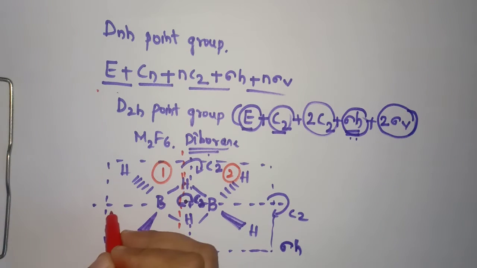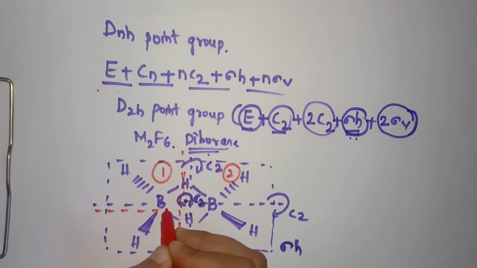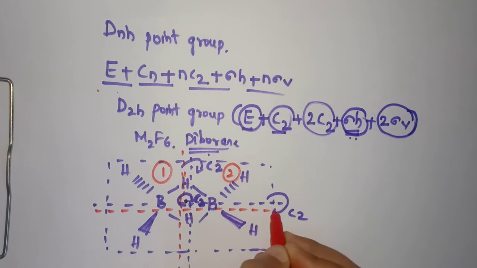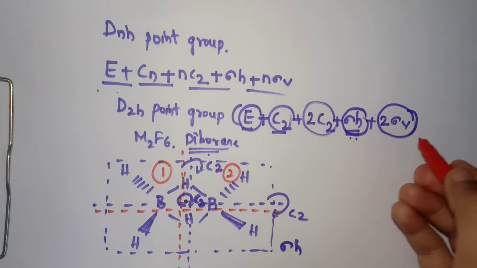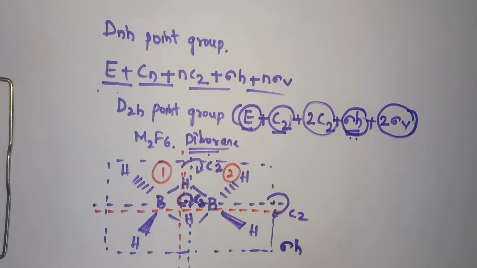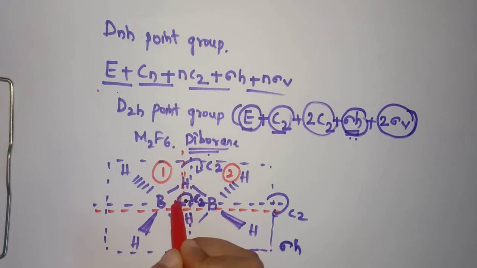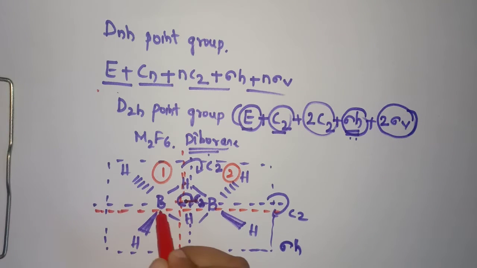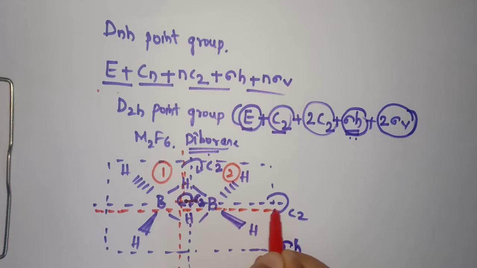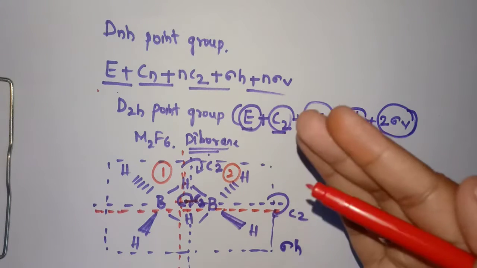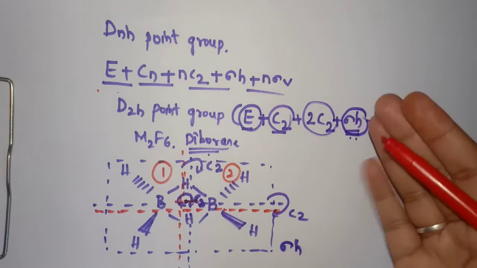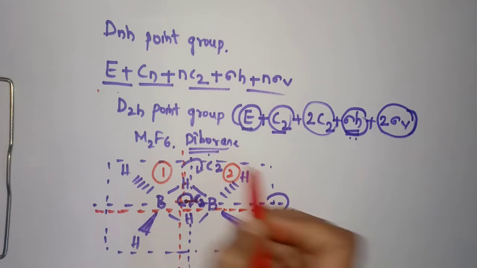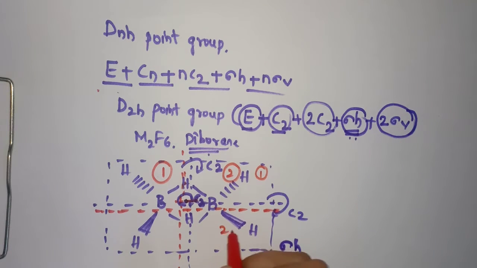Now, if I pass the imaginary axis like this, what is a vertical plane of symmetry? It is parallel to the principal axis. Here is the principal axis, and if you pass an imaginary line parallel to the principal axis, it should divide the molecule into two equal halves. One should be the mirror image of the other. So this whole thing is first and this whole thing is second.